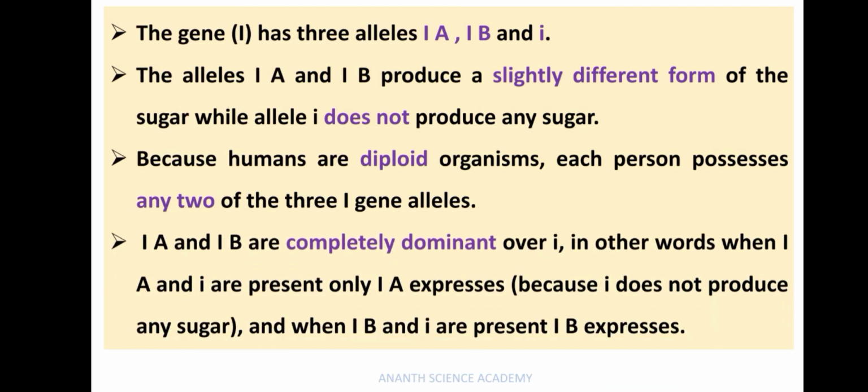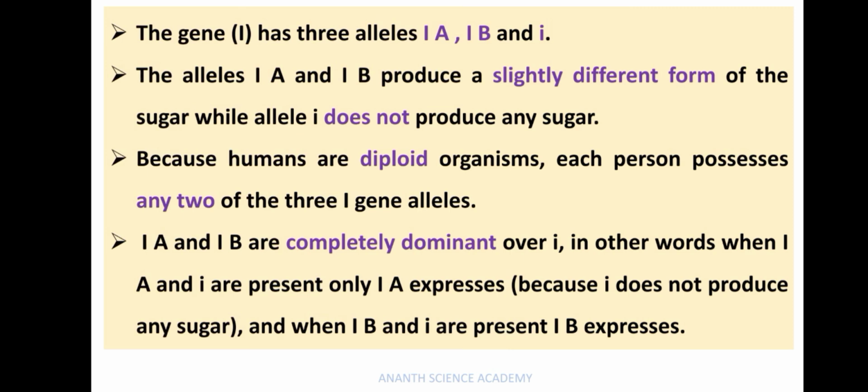IA and IB are completely dominant over small i. In other words, when IA and small i are present, only IA expresses because small i does not produce any sugar. And when IB and small i are present, IB expresses.